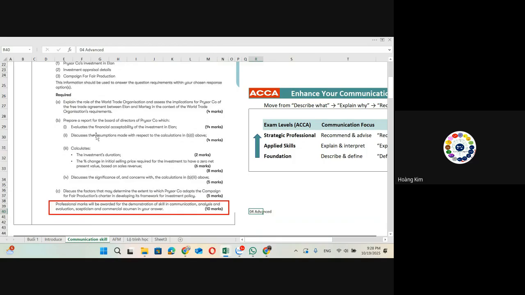If they ask you to prepare the report, you prepare it professionally, like sending an email to your boss: Dear Sir, the subject of the email, some general points of the report, and after that the detail, conclusions and summary. You get the marks very easily. If you don't follow this, they cannot give you the marks.